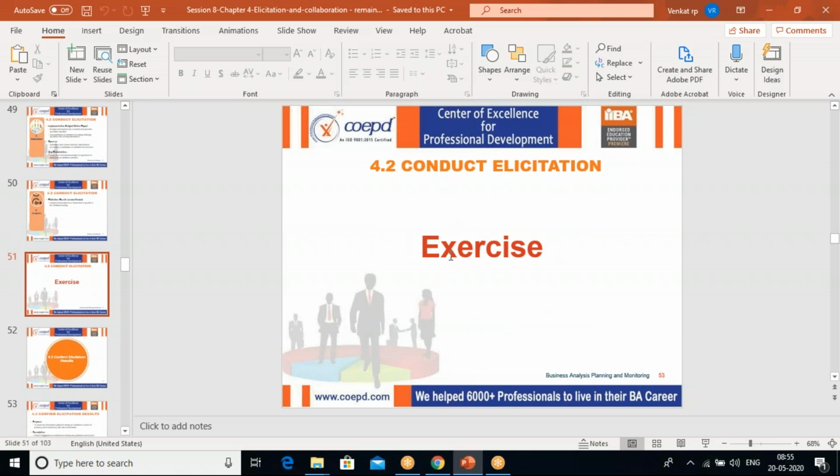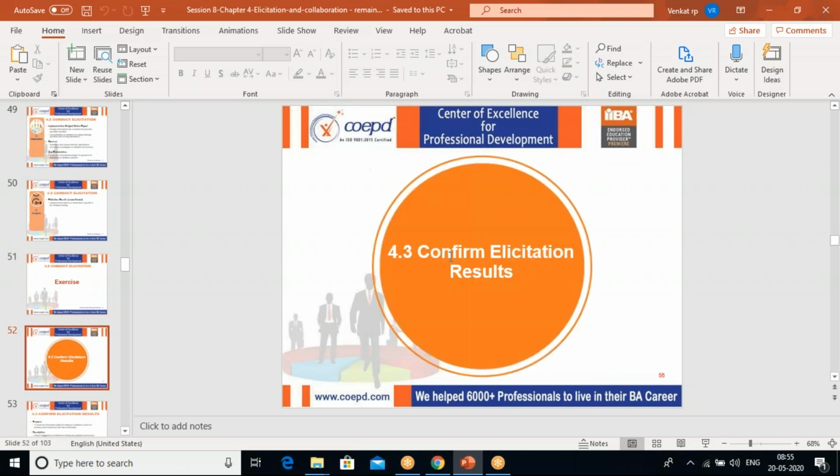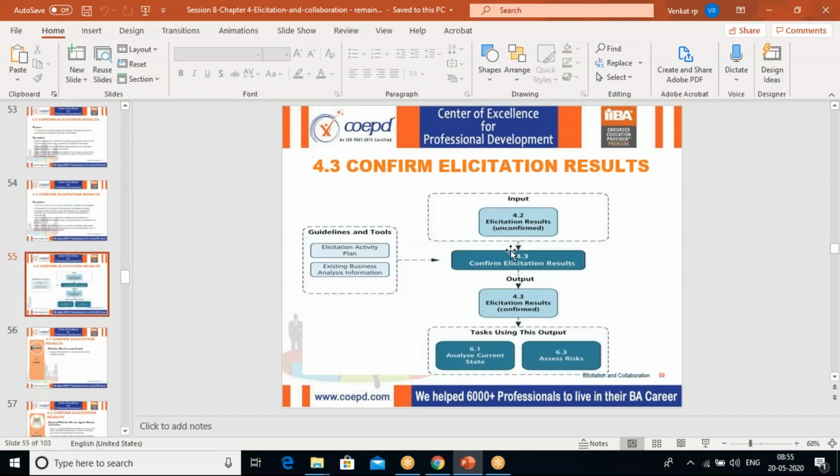Now we have to do that same exercise there, and before we do it, let me also speak about confirming elicitation results. Here I will just directly speak about this. If you look into this, what inputs it takes are the results we got from the previous activities.